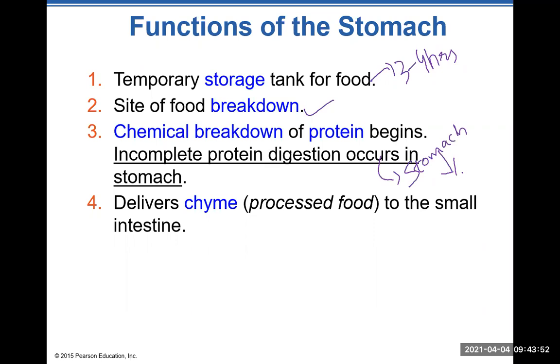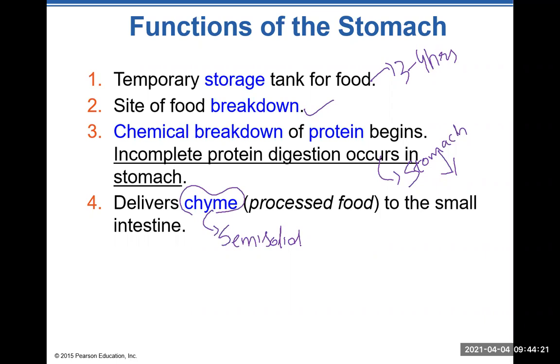And then one more function is that once all the churning, chemical breakdown, mixing, and everything has taken place, now the food is chyme. What is chyme? It is like a semi-solid. It's not solid, it's not liquid. Have you seen how talbina looks?